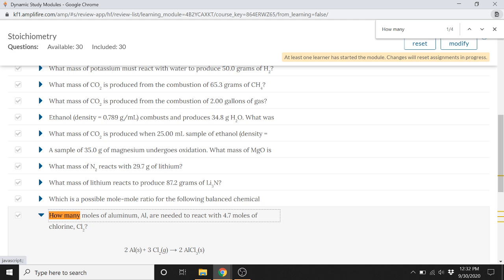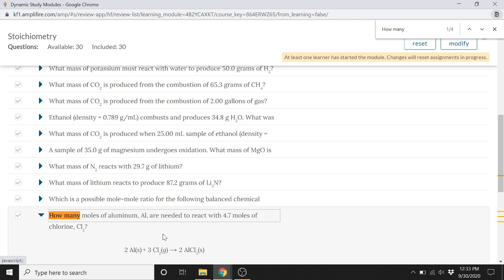So to get rid of Cl2, you'd have to multiply by Al and then divide by Cl2. Exactly. You'd multiply the 4.7 moles of Cl2 by the 2 Al, because you want to get into Al, and then divide by the 3 Cl2s. That'll get rid of your Cl2s and leave you in moles of Al.